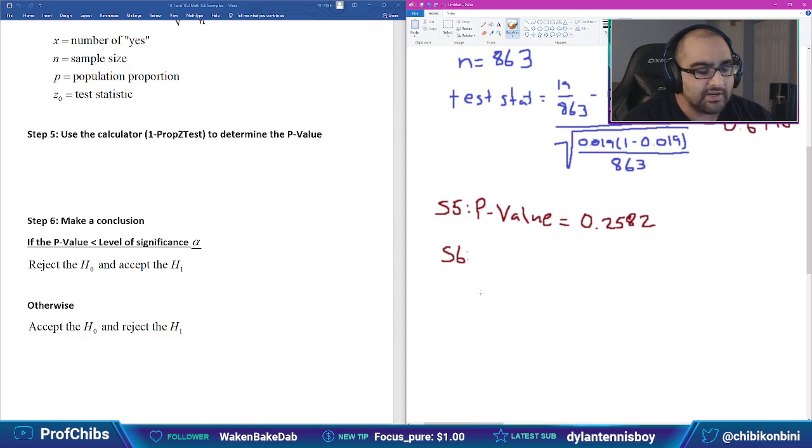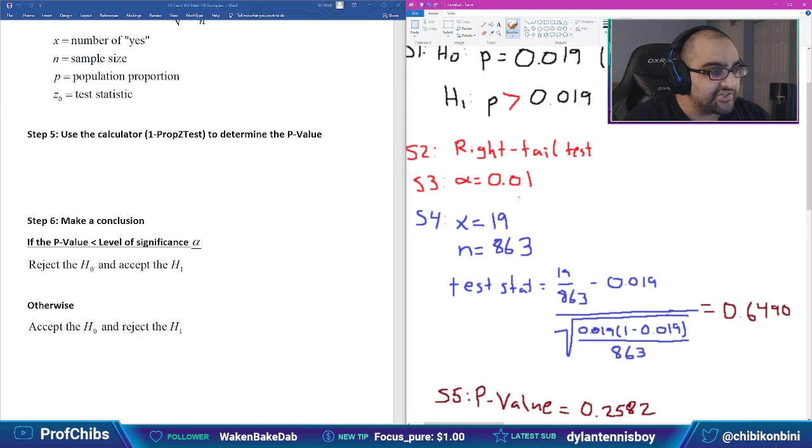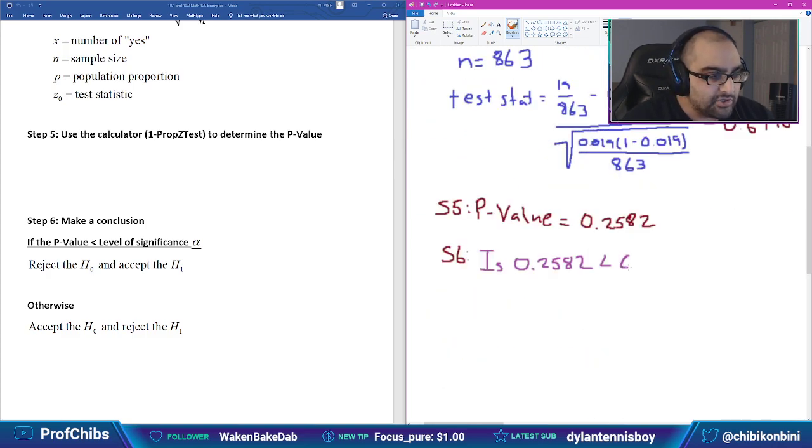Now, the easiest way to remember this is to put it in terms of a question. A very simple question. For example here, is our p-value 0.2582 less than our level of significance, which is here in step 3, that's why we refer to it here. Is 0.2582 less than 0.01? So it's a yes or no question for all of you.